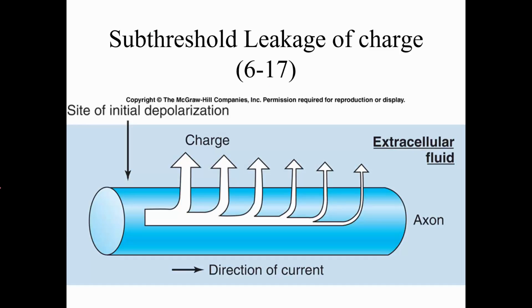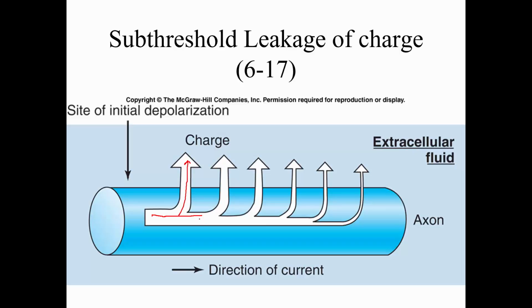Now, why? What happens to the current? Well, if this is an axon and I've got a membrane, I've got all kinds of leak channels. So I have the site of a depolarization, and some of that current is going to go down the axon. Some of it is going to go through the membrane.